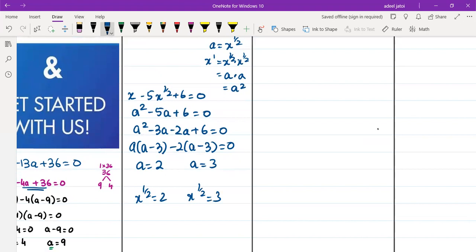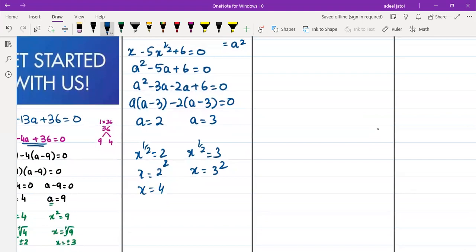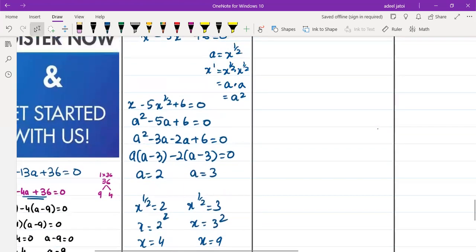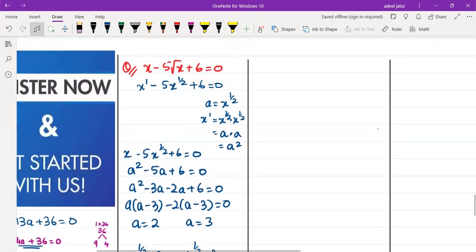The power half on the other side becomes a square, so 2 squared and similarly 3 squared. So x is equal to 4 and x is equal to 9 are the two answers for x minus 5 x to the power half plus 6.